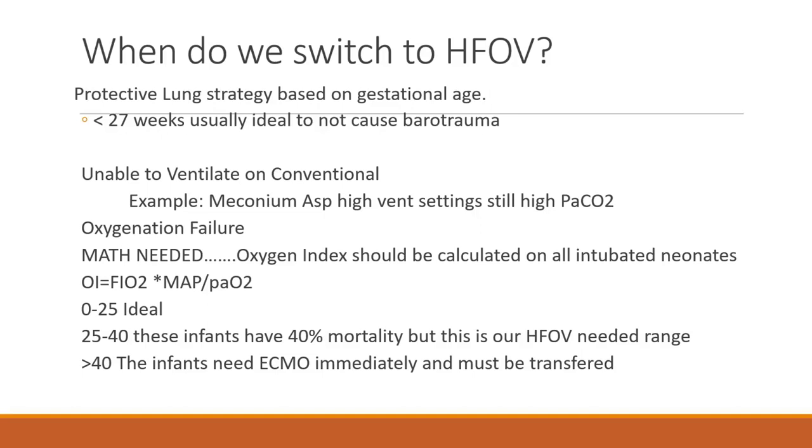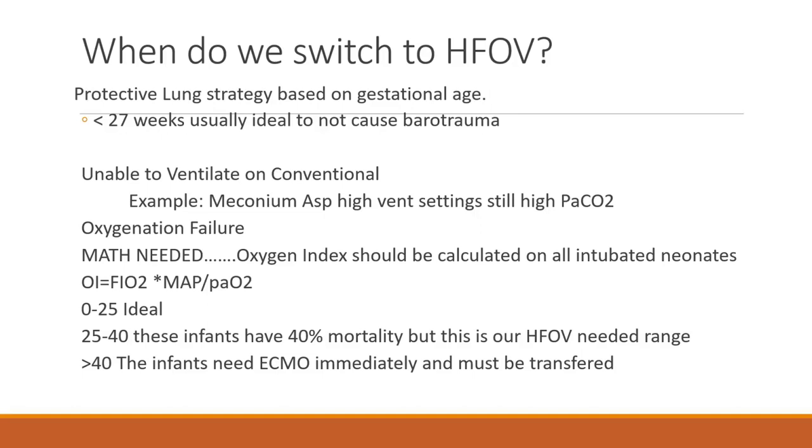Okay, now oxygenation failure. And this is something I will show everyone how to see, the formula in Cerner on the charting. But here is something we should always be thinking of with these babies that are on a little bit higher oxygen or are needing higher mean airway pressures on the oscillator, or even on conventional, and that is the oxygen index. The oxygen index calculation should always be done on any intubated neonate.